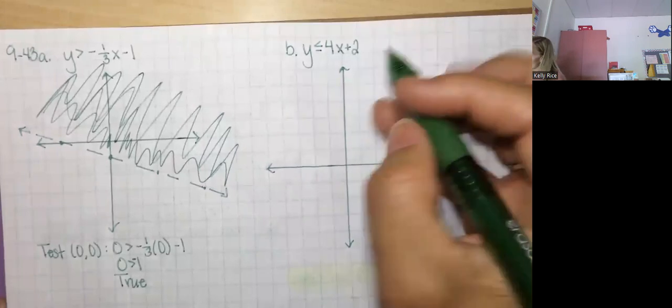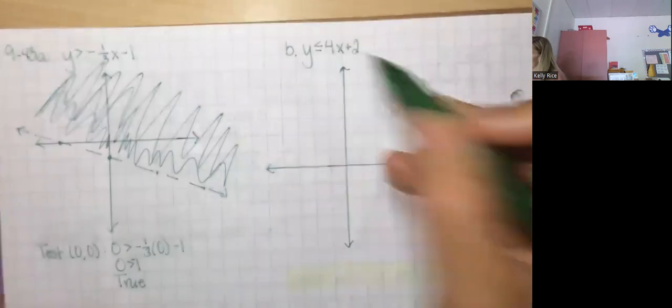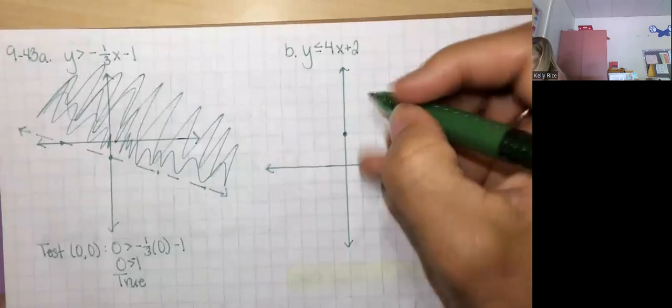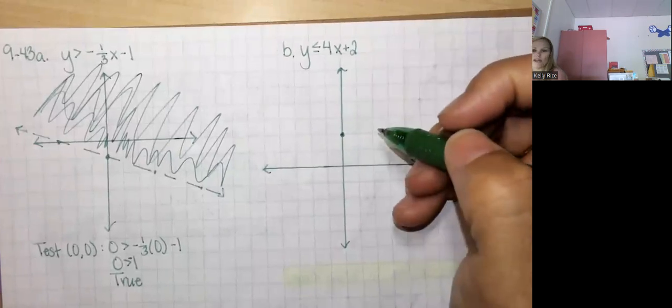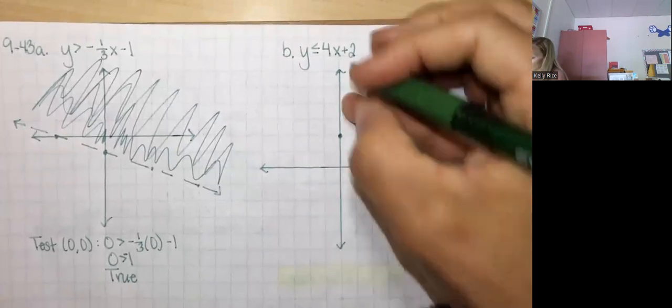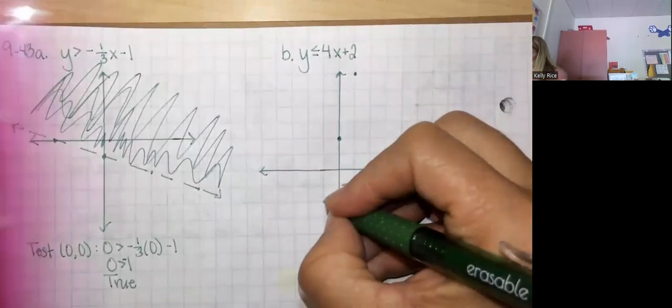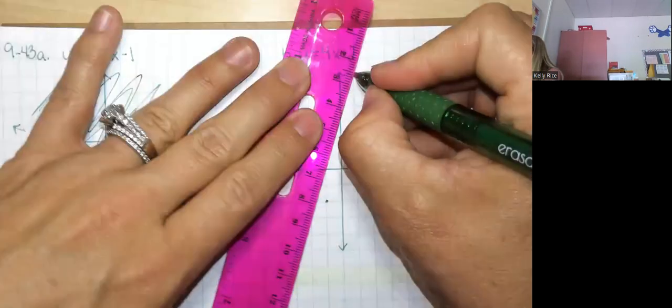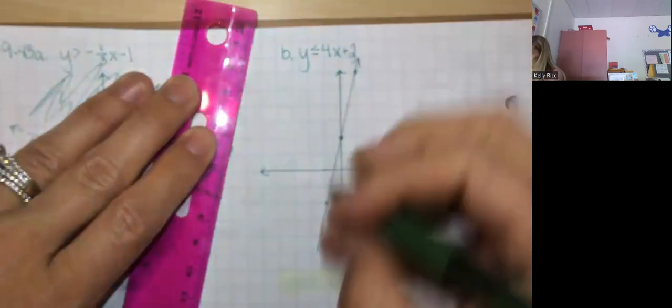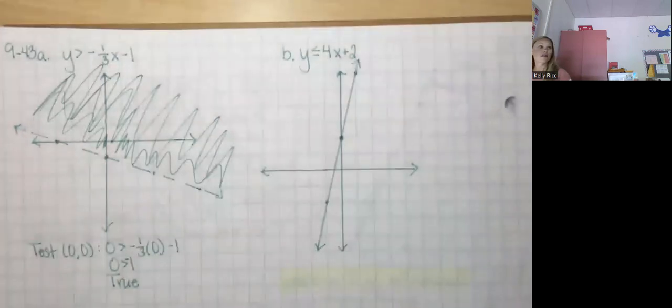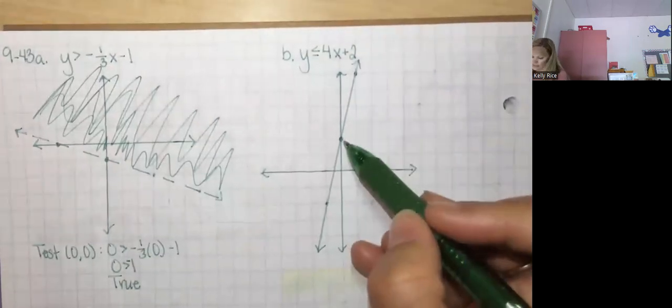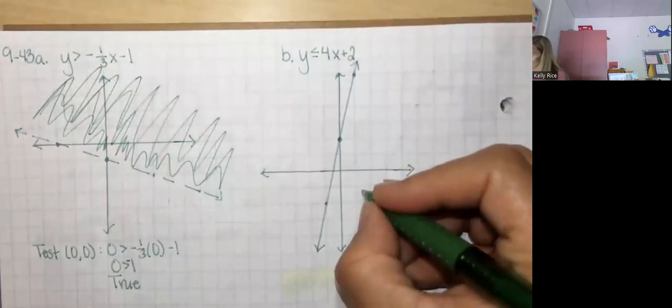And B, y is less than or equal to 4x plus 2, y-intercept of 2. My slope is 4. What does that mean I do? What's the opposite of up 4, right 1? Down 4, left 1. Solid or dashed? Solid. Solid line means the point 0, 2 is a solution.